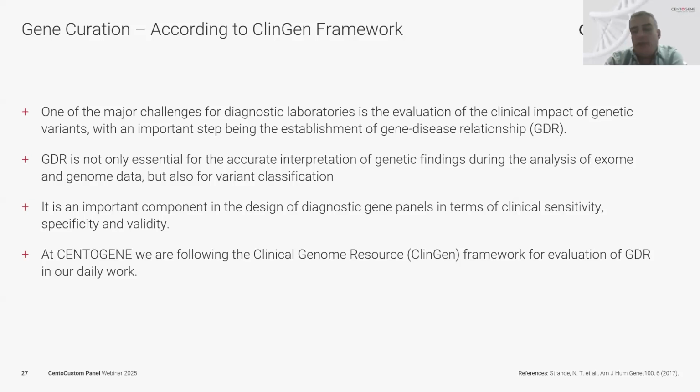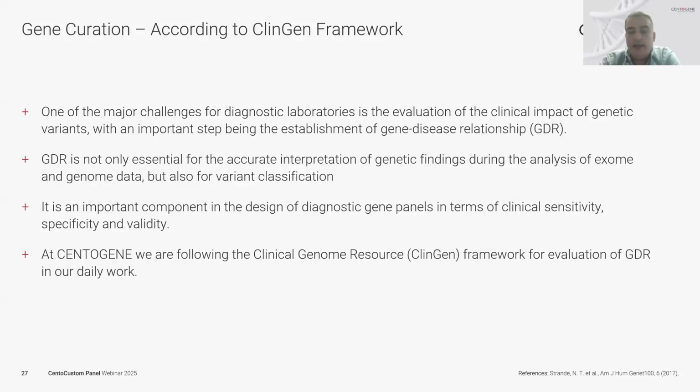So at Centogene, we use the ClinGen framework to evaluate gene-disease association, meaning how well established it is that a pathogenic variant in a specific gene causes a phenotype, causes a disease.